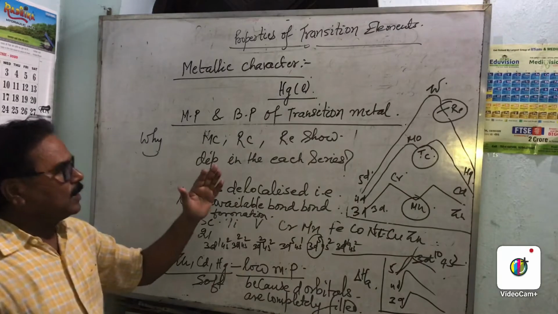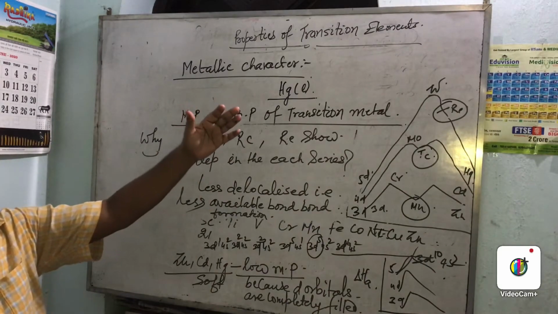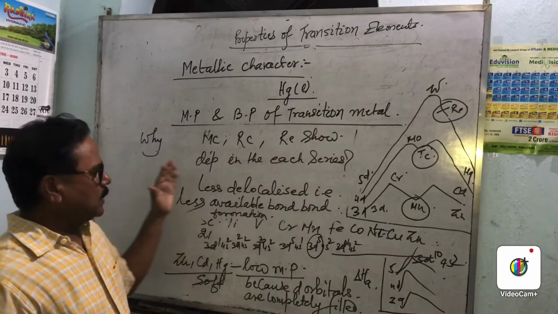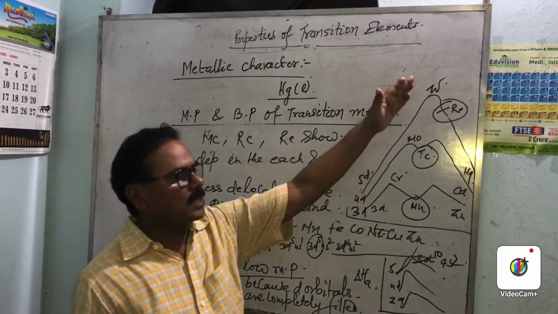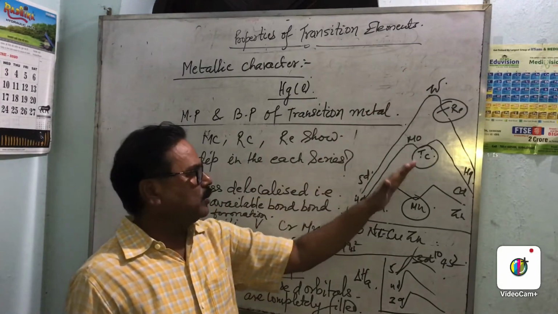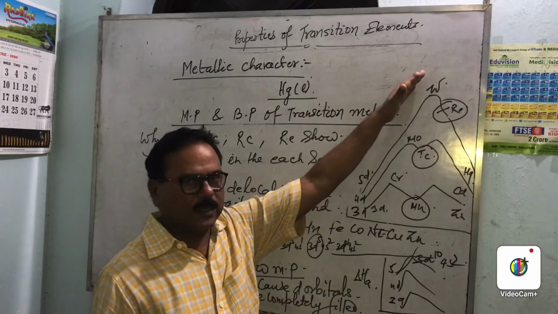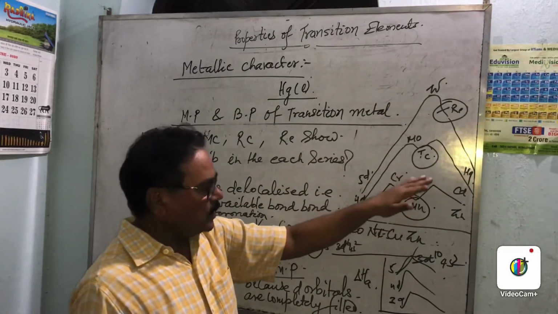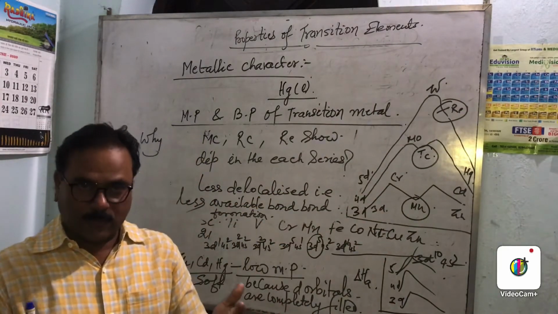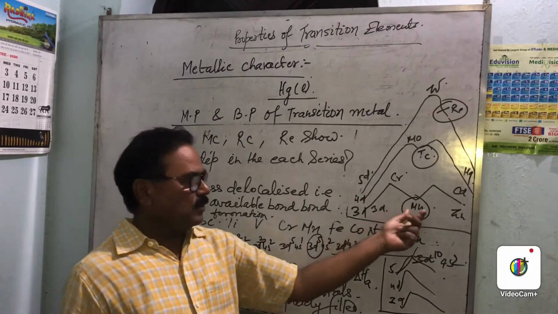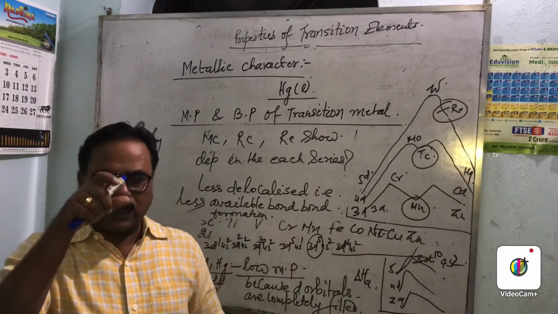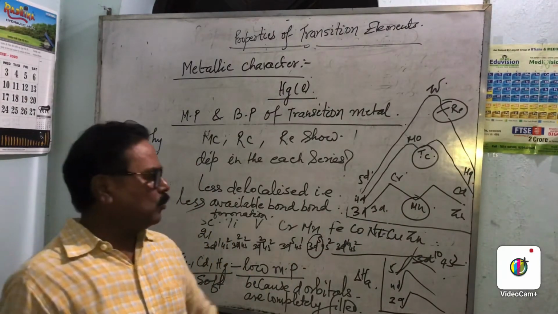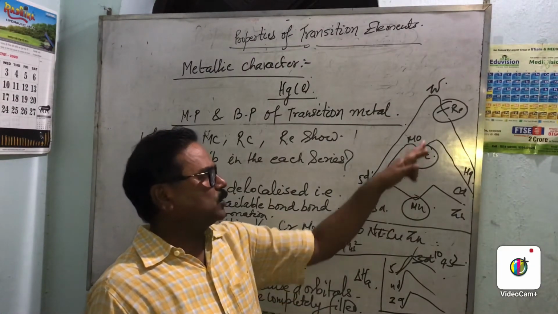So the question: why do transition elements have a high melting point and boiling point, and name the elements of each series having the high melting point, that is chromium, molybdenum and tungsten. Write the name of the metal in the first series which shows abnormally low melting point, that is Mn, technetium and rhenium.